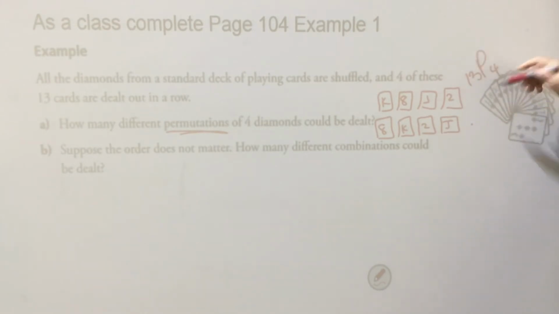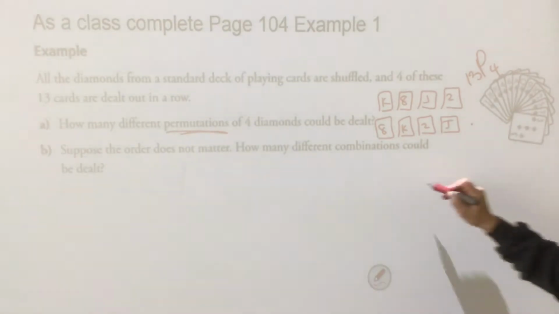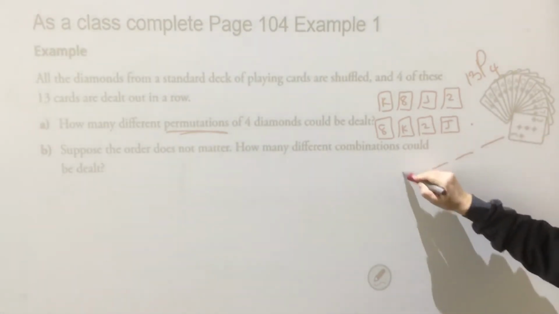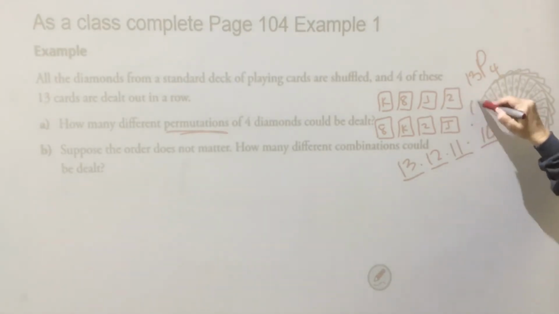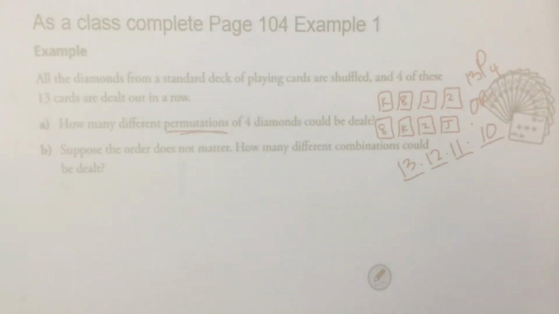All right, you can put that in your calculator. The other thing is you could just put down those 4 slots, and you go 13 times 12 times 11 times 10. All right, either one of those.